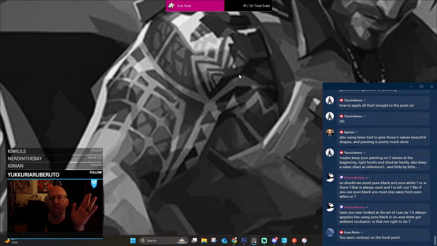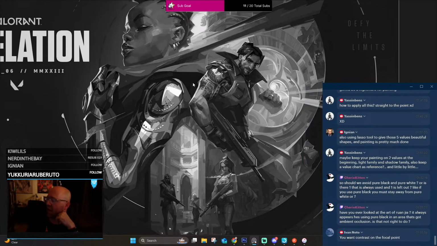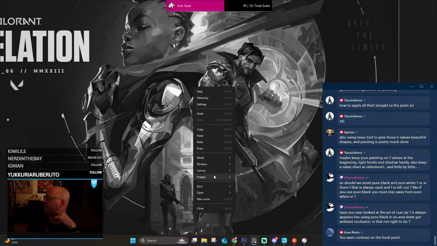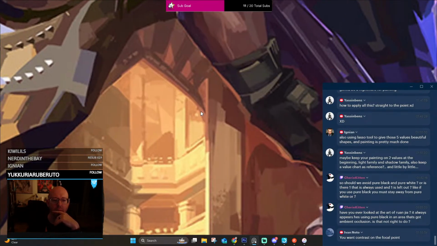But what I find most interesting... Watch what happens when I turn the color back on. The real contrast is in the color harmony, in the color temperature. You have gold and you have magenta, or yellow and magenta, right?